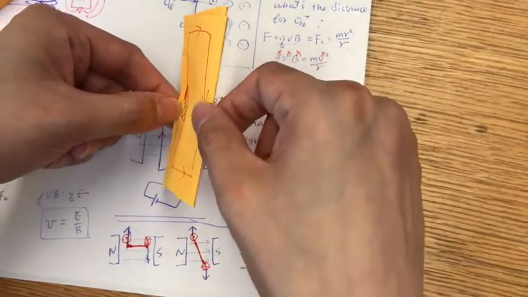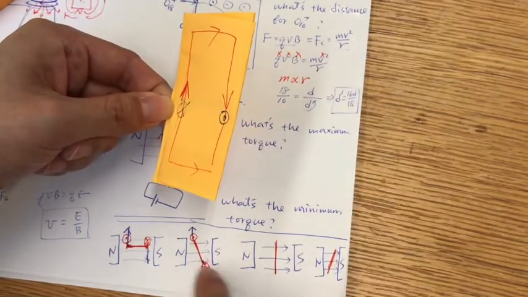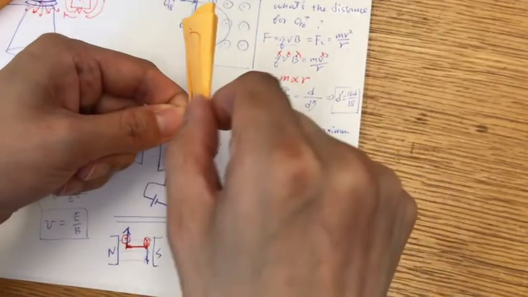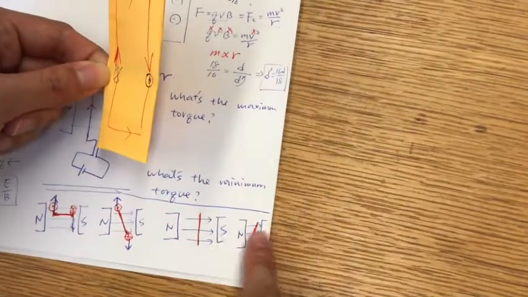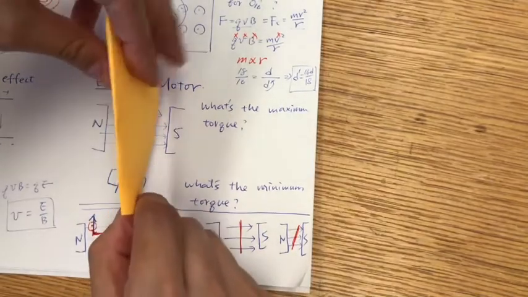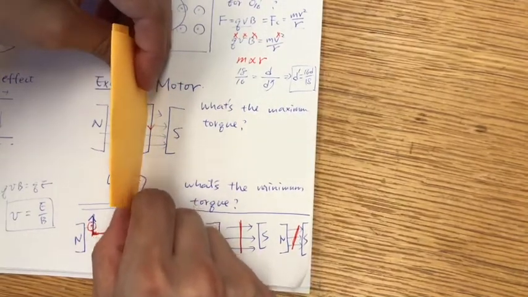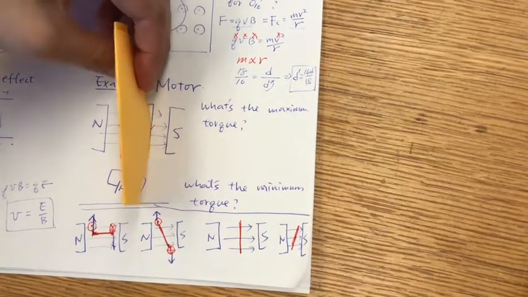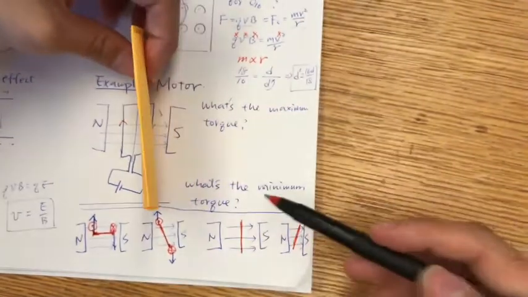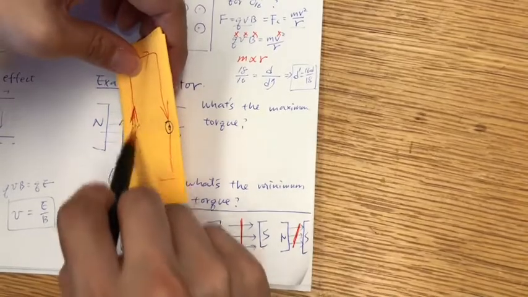So when this one is rotating to this direction, it still feels a torque, but this torque is less than before because of the angle. Now when it's completely straight, when it has rotated completely, perpendicular to this magnetic field, let's see what's happening. The current is going up.